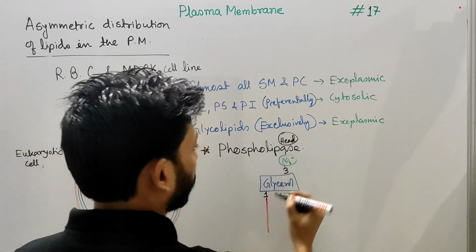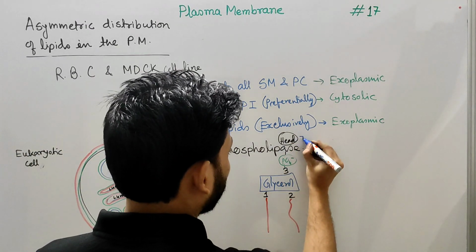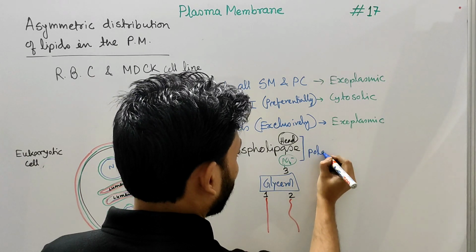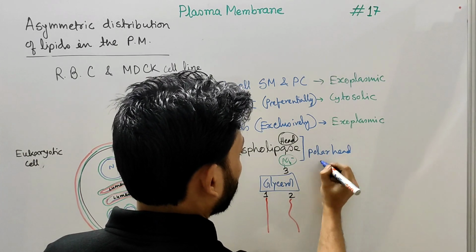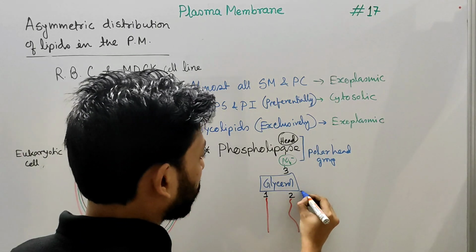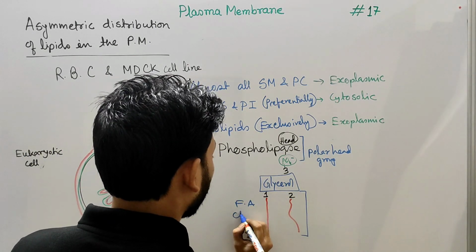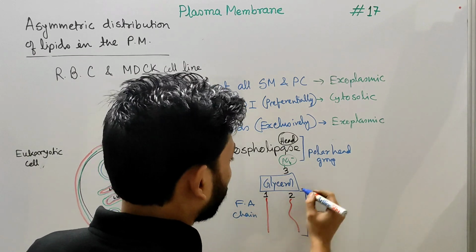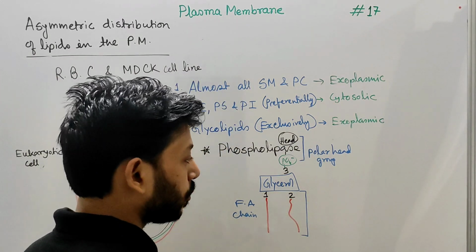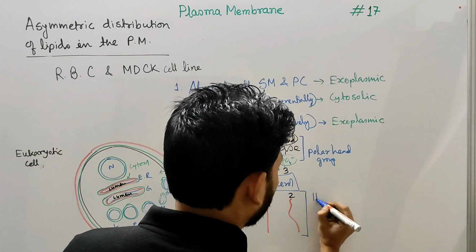Okay, remember this. Now we know that this head group and phosphate make the polar head group. And this polar head group is hydrophilic in nature, and the fatty acid chains make the non-polar portion of the phosphoglyceride, or we can say this is hydrophobic in nature.